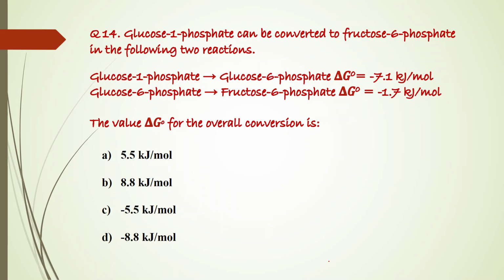One is glucose 1 phosphate to glucose 6 phosphate, that is the intermediate, and again glucose 6 phosphate converts to fructose 6 phosphate. And the corresponding delta G0 values are also given there.